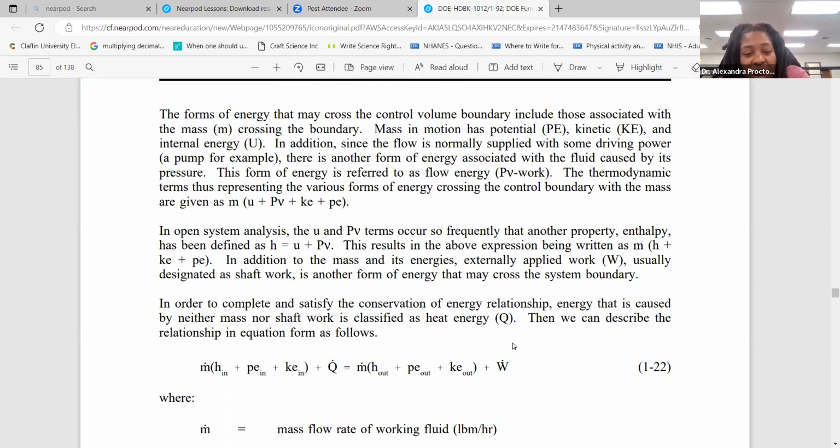And then you can describe the relationship in the equation as m times (h in plus PE in plus KE in) plus Q equals m times (h out plus PE out plus KE out) plus W.